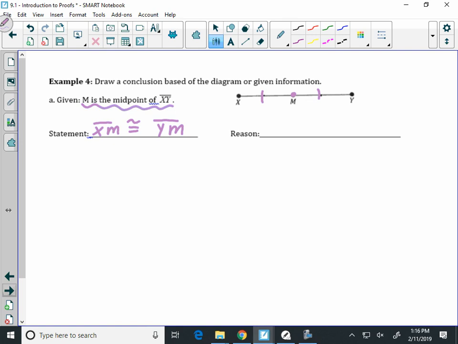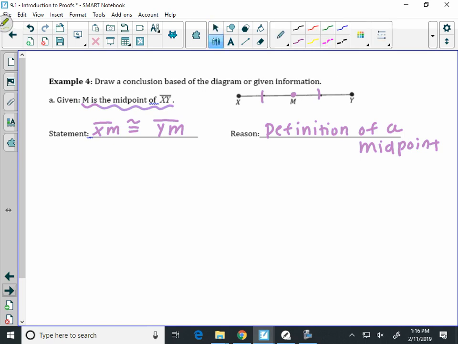The reason why we knew that was just because we knew what a midpoint is. Right? So our reason is just basically definition of a midpoint. Because by knowing the definition of what a midpoint is, we knew that to be true. Right? And that's our reason that backs it up. Well, by definition, this is what a midpoint is. That's true. Okay?